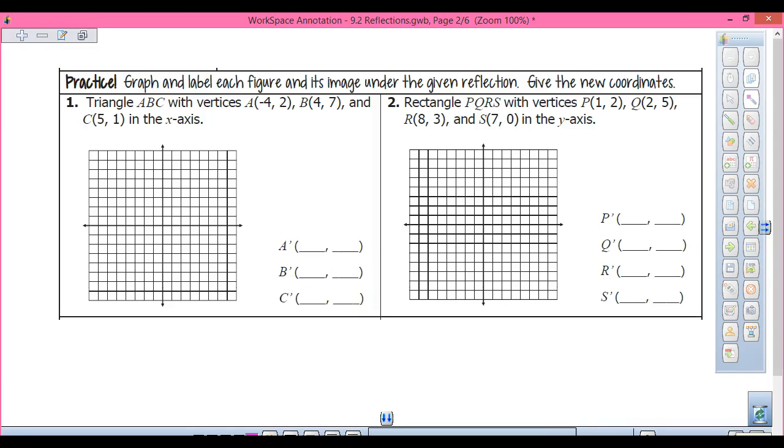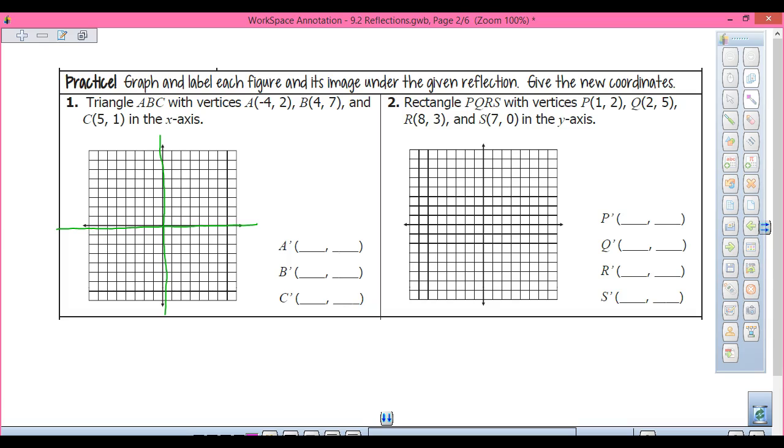Alright, so we're going to start by graphing these. The first thing that we need to do is graph the pre-image. Now, on some of your assignments, you didn't label your A, B, C, or your A prime, B prime, C prime, and you got docked for that.